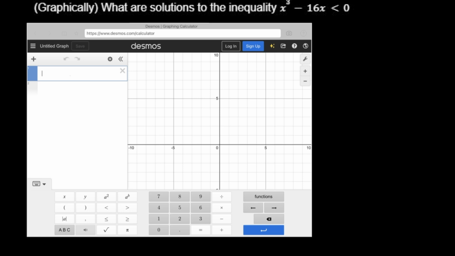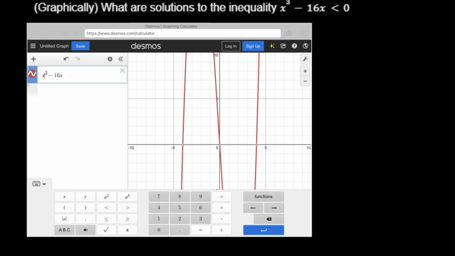So we're going to have one side as y equals x to the third minus 16x. Okay, so there's the first side.